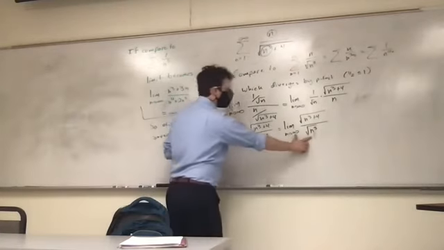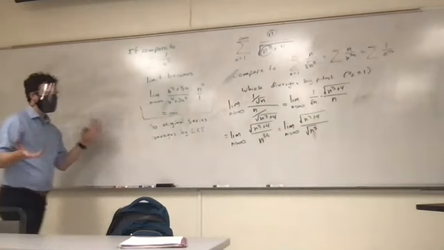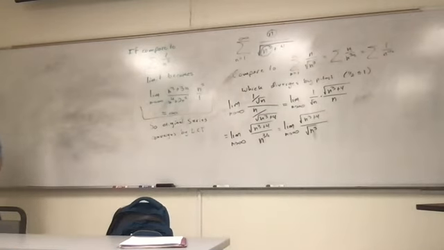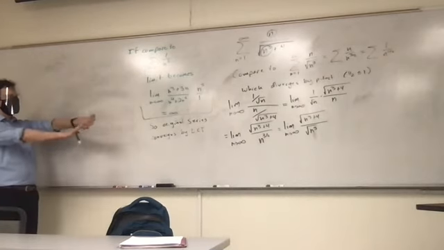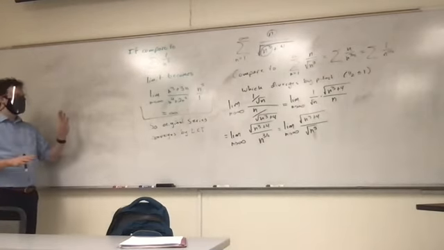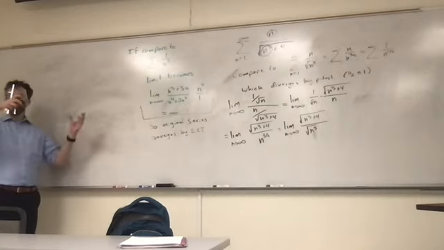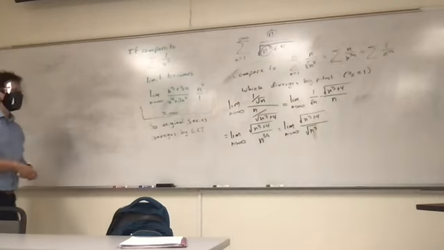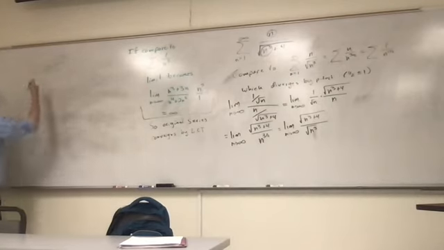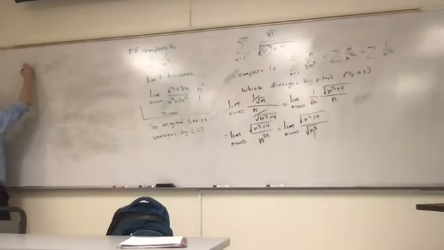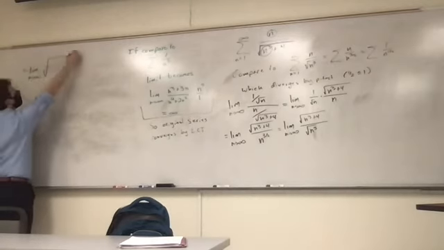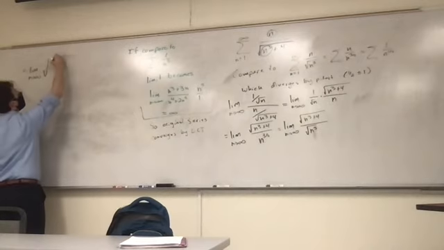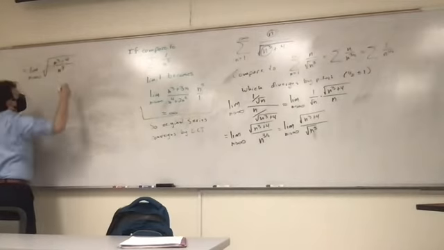A root algebra rule is that if you're taking the square root of two pieces of a fraction, you can use a single square root and just have the fraction on the inside. So we can rewrite that as a big square root over n cubed plus 4 over n cubed.